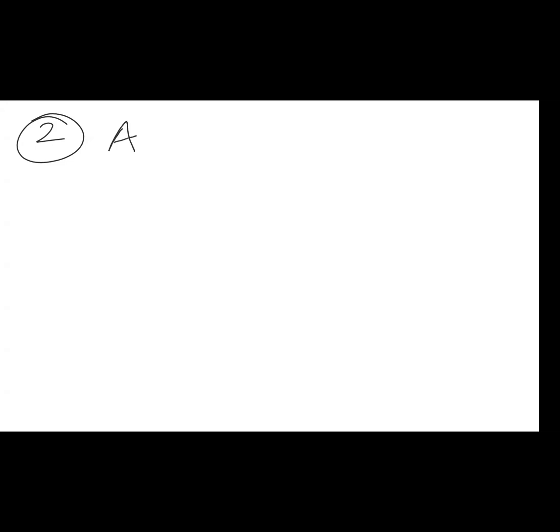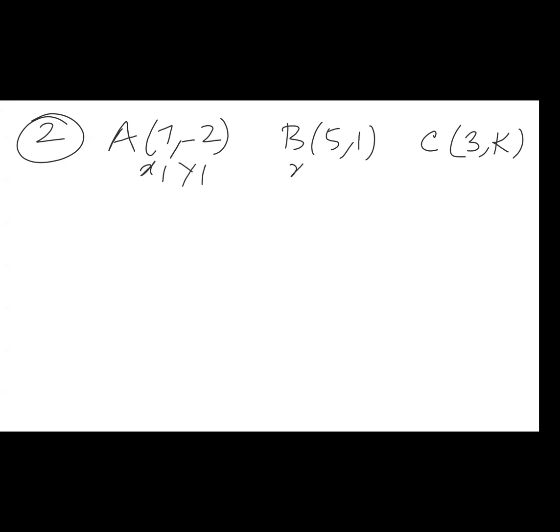So A is 7, minus 2. B is 5, 1. C is 3, k. x1 y1, x2 y2, x3 y3. So you know area of triangle ABC will become 0.